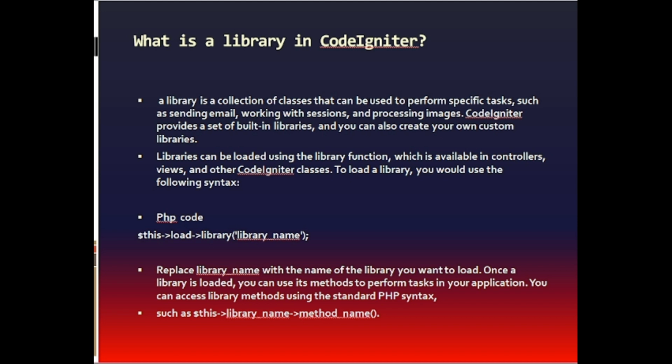To load a library, you would use the following syntax. Here is the code. Replace library name with the name of the library you want to load. Once a library is loaded, you can use its methods to perform tasks in your application. You can access library methods using the standard PHP syntax. Here is the syntax code.